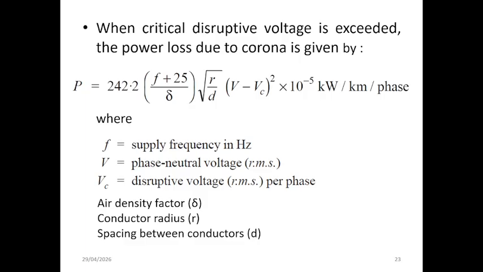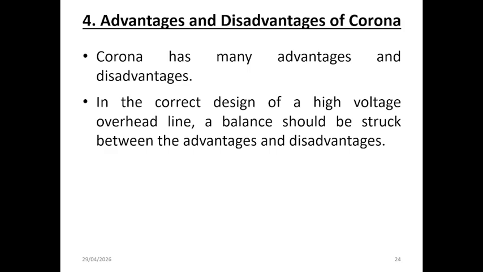Most importantly, the losses vary with the square of the voltage difference V minus Vc, indicating that once the operating voltage exceeds the disruptive voltage Vc, corona losses rise rapidly. Overall, this formula is essential for predicting and minimizing energy losses in high voltage transmission design.